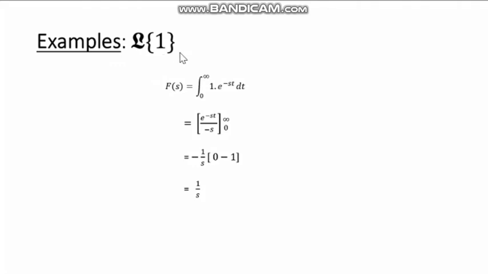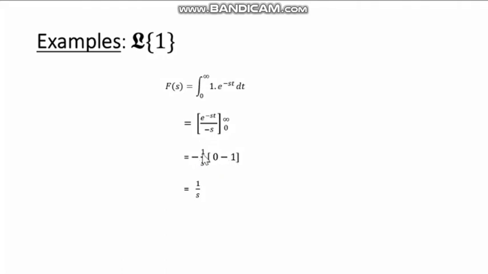So Laplace of 1 is defined as integral 0 to infinity 1 into e raised to minus st dt. So you just integrate e raised to minus st, and e raised to minus st by minus s will come. It has to be evaluated from 0 to infinity. When you evaluate at infinity, it becomes 0, and when you evaluate at 0, e raised to minus st becomes 1.